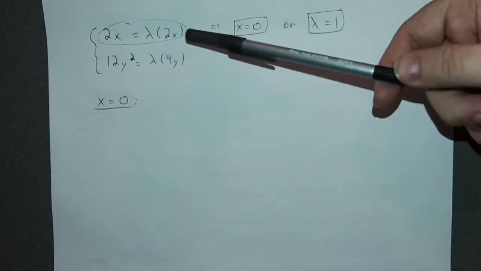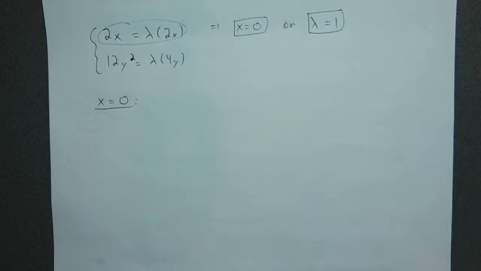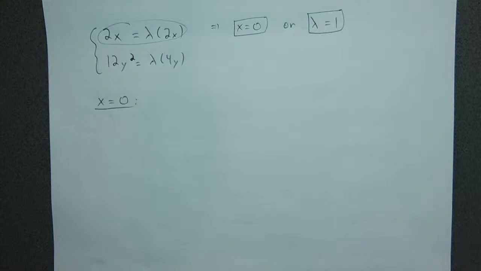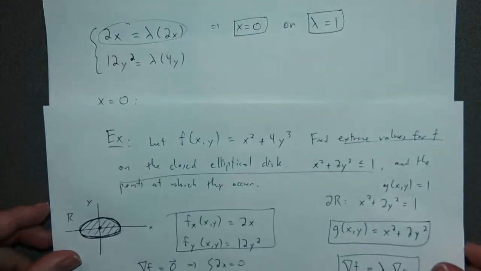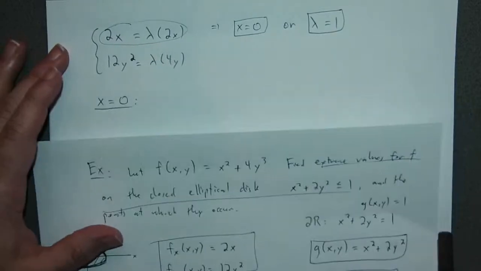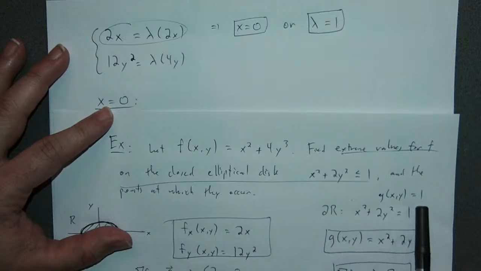You can't plug it back into the equation you started with, because then you're just going to get 0 is equal to 0. That's not going to help you. So what do I do here? Well, there is another equation that has to be satisfied. It's not just these two equations. There's another one. Let's go back. In my setup, what must be true is also on the boundary, g of xy must be equal to 1.